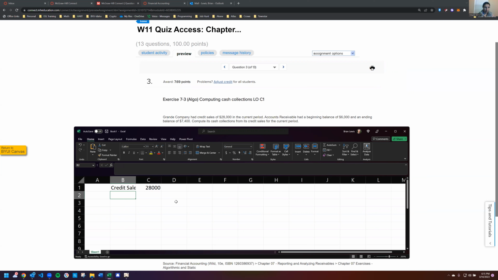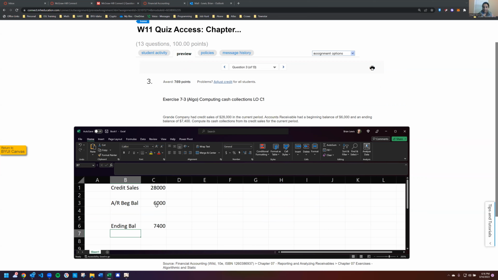Accounts receivable had a beginning balance, AR beginning balance of $6,000 and an ending balance of $7,400. Compute its cash collections from its credit sales for the current period.